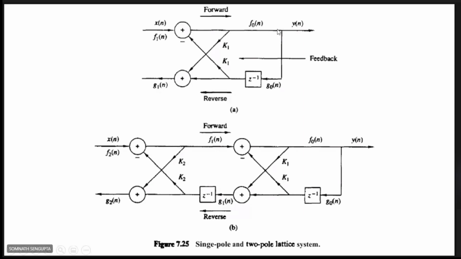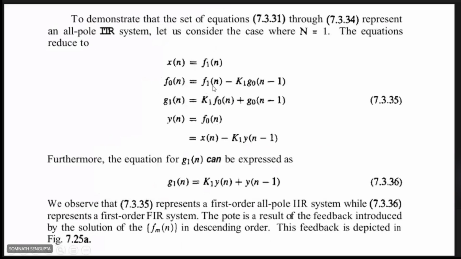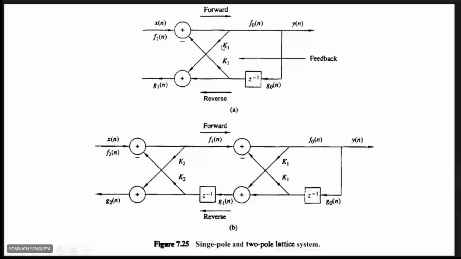This f0n is multiplied with k1, and g0n with delay multiplied with k1, and we get f1n. f0n is obtained from f1n.